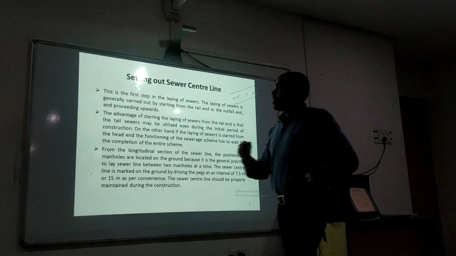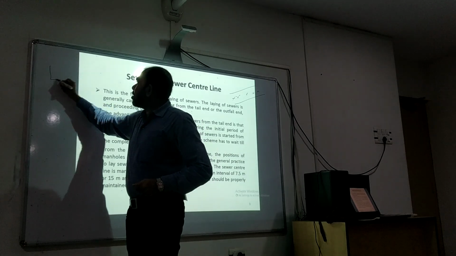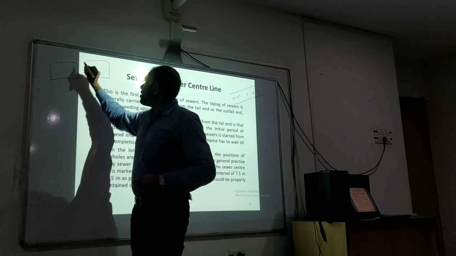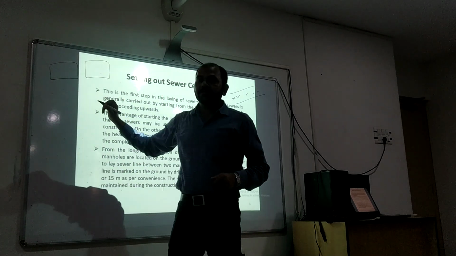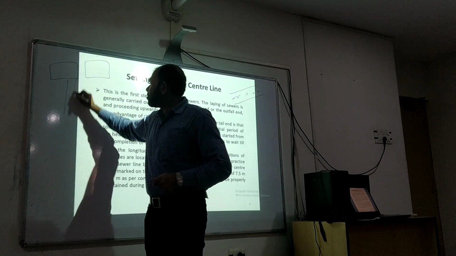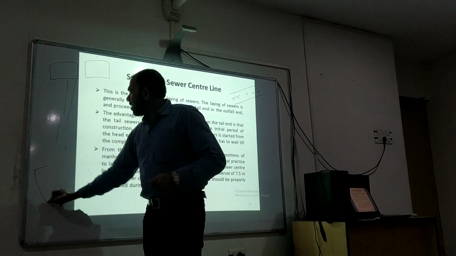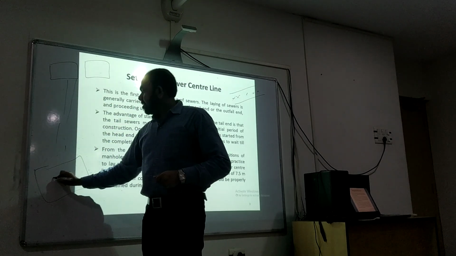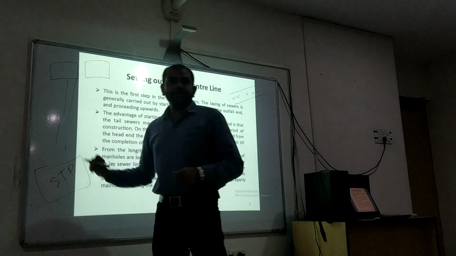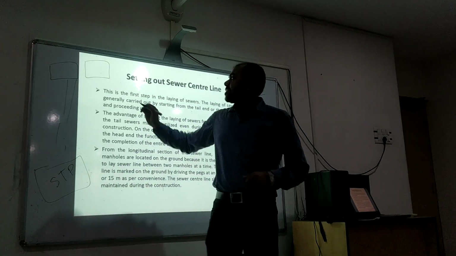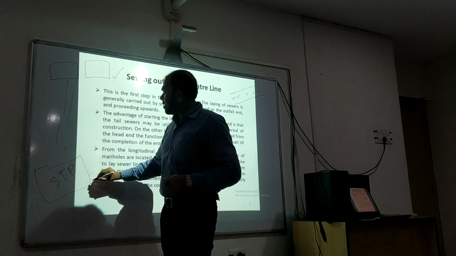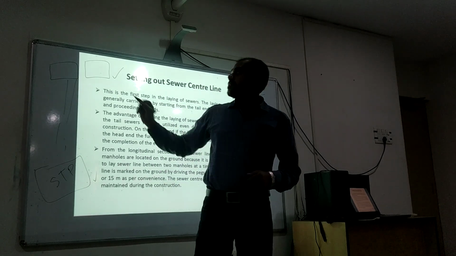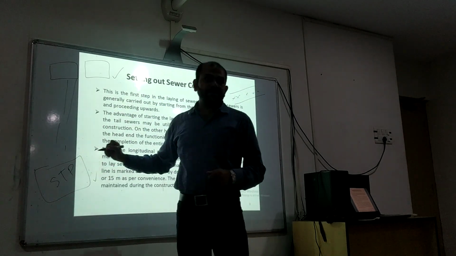Students, suppose this is the point of generation of sewage. Household's point of generation of sewage. From there the sewer pipes have to be taken, and ultimately they have to be dumped into the sewage treatment plant. Okay? So you can say this is the starting end and this is the end point. This is the starting portion and this is the end portion.